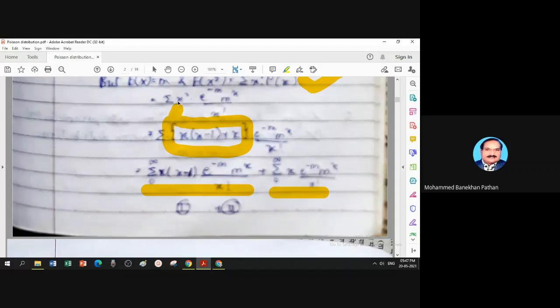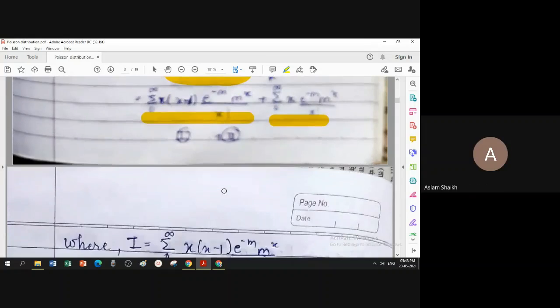So expected value of x square is the addition of 1 and 2. But what is 2? It is summation x into p of x, so the answer of 2 is again m. We want to develop only 1. Let us check.